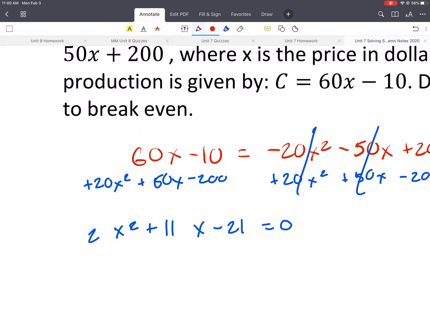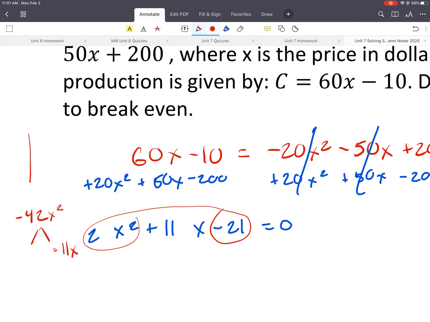So 2x squared times negative 21, that gives us negative 2 times 21 is negative 42x squared, and adds up to give us 11x.